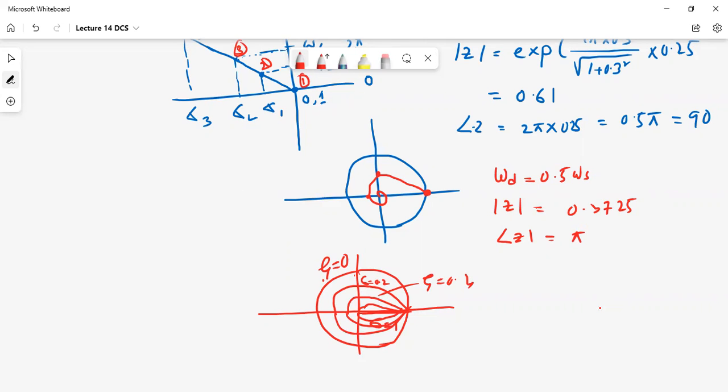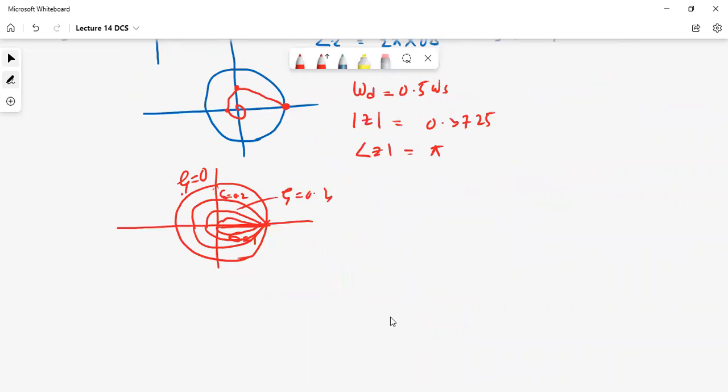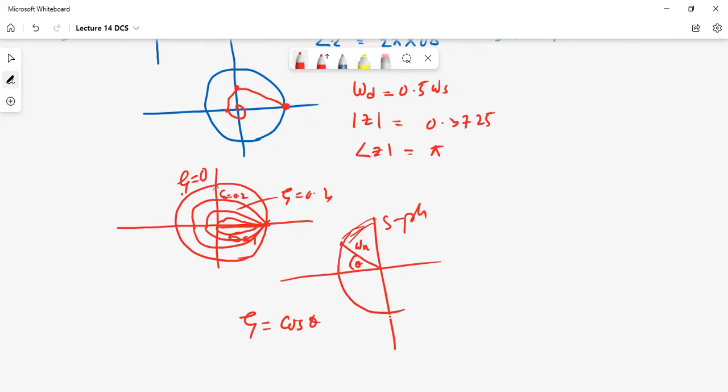Now, one other thing we have seen is the constant omega n line. We know that omega n, this diagonal line, is in the S plane. This length here is represented by omega n, and this angle theta is related to your zeta as cos theta. Okay, and now if you draw your constant omega n line, which will eventually be a circle, as you can see, the circle is always at 90 degrees with that one.